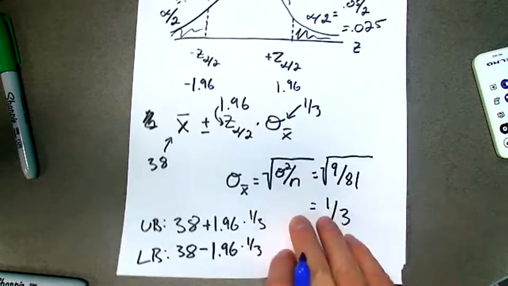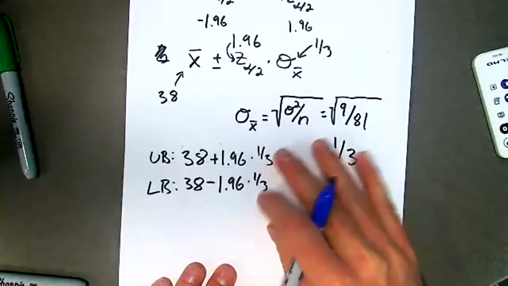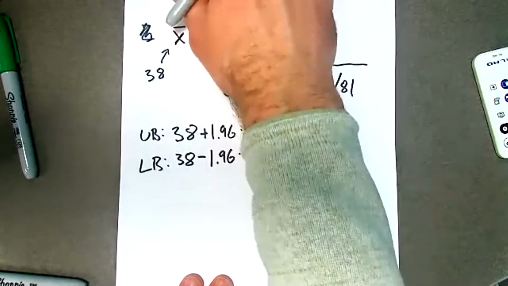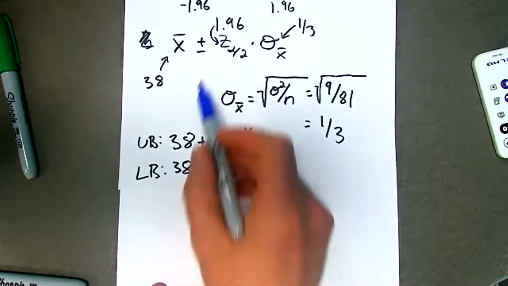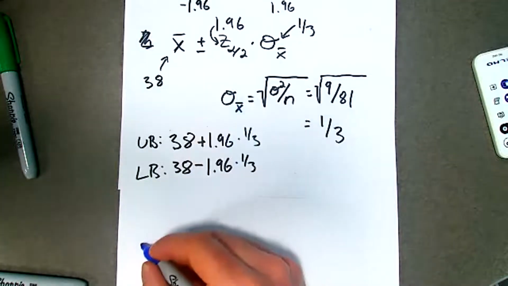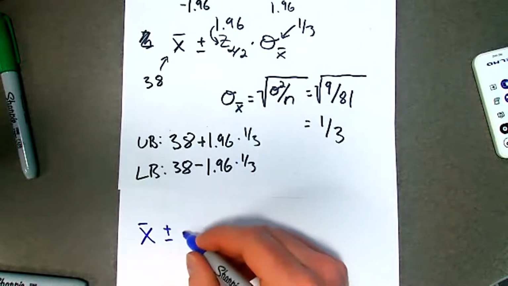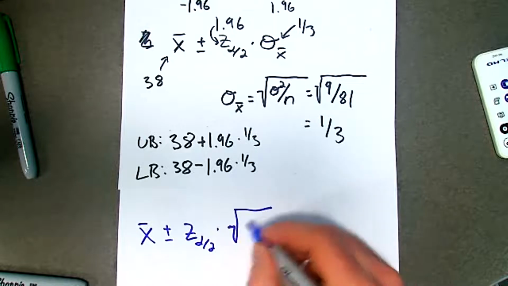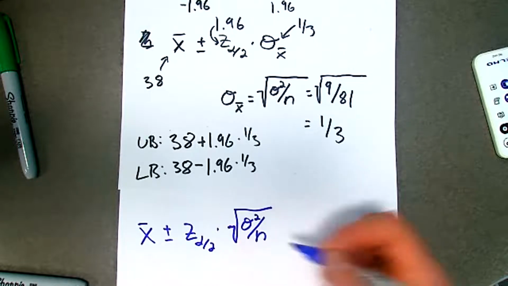Now, what I could have done, I want to make sure you can still see this, but there we go. Instead of using this version of the formula, I could have said, well, look, I could skip the intermediate step and just plug everything into this equation, right?